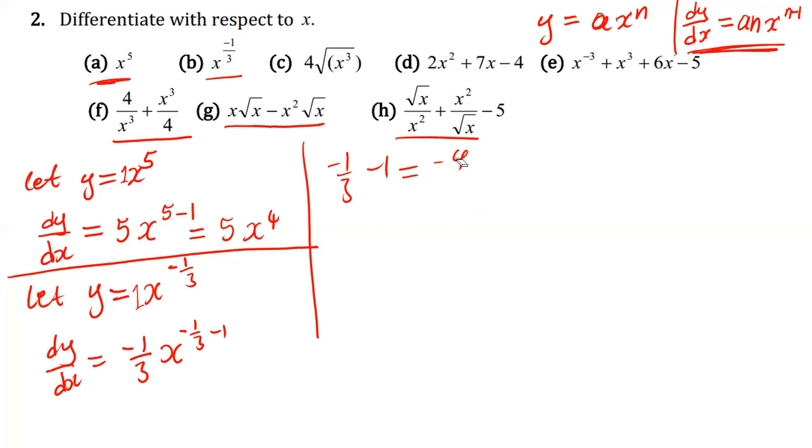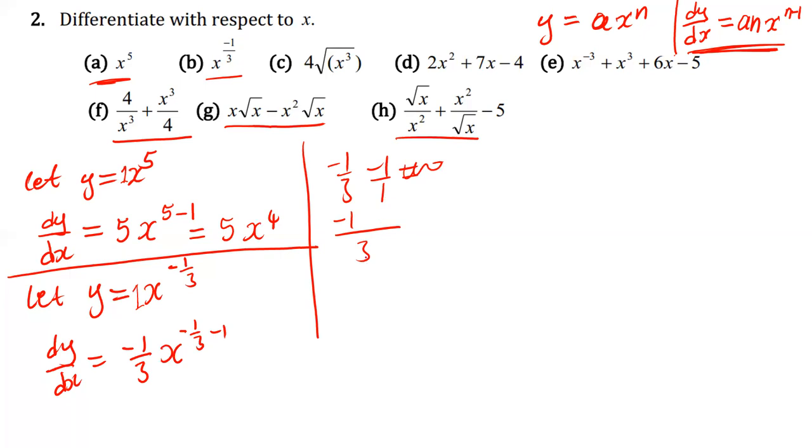How have I found that? It's important to solve these questions step by step. This is just me working out the power here: negative 1 over 3 minus 1. We find the common denominator, which will be 3. 3 into 3 is 1, and 1 times negative 1 is negative 1.